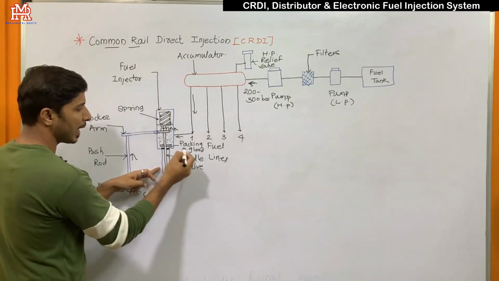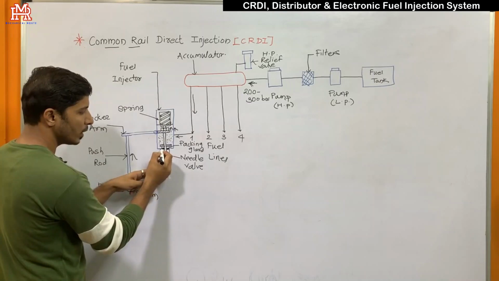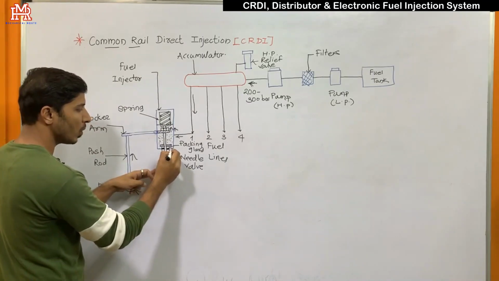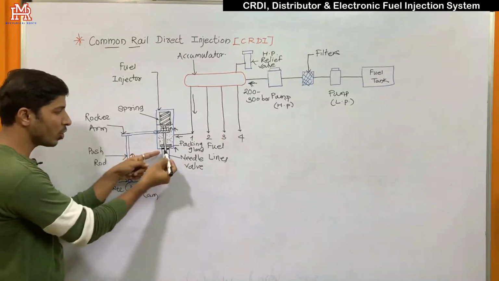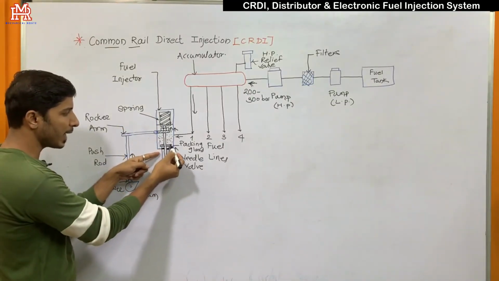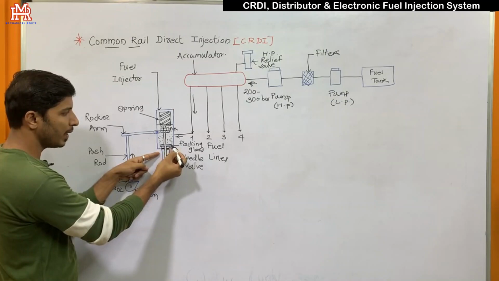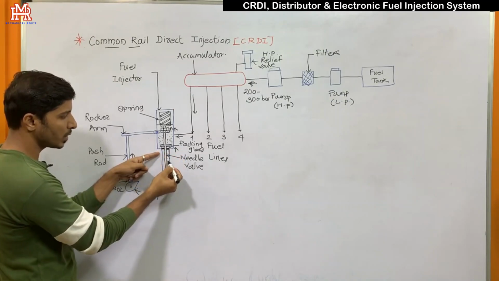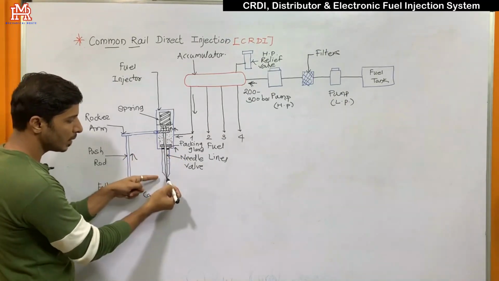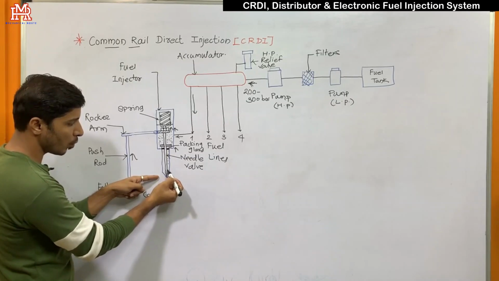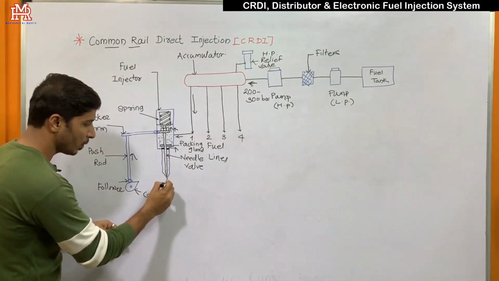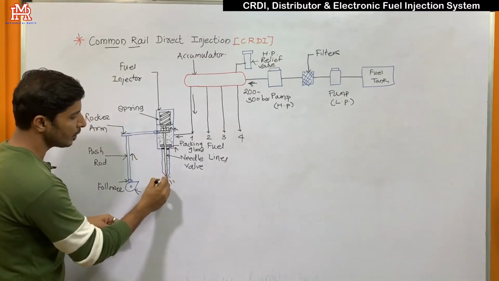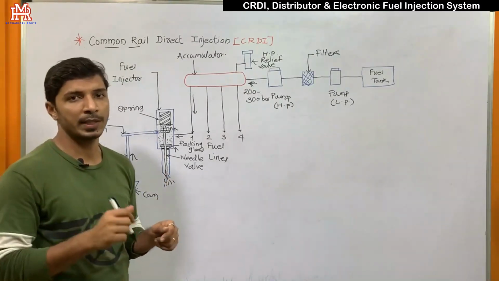This packing gland is attached to the needle valve, so the packing gland is also moving upward. As a result, there will be a gap and the fuel will be transferred to this portion. As the needle valve is lifted up, there is a space. Through this opening, the fuel will enter the engine cylinder, and for that particular duration, the fuel will be sprayed in the engine cylinder.